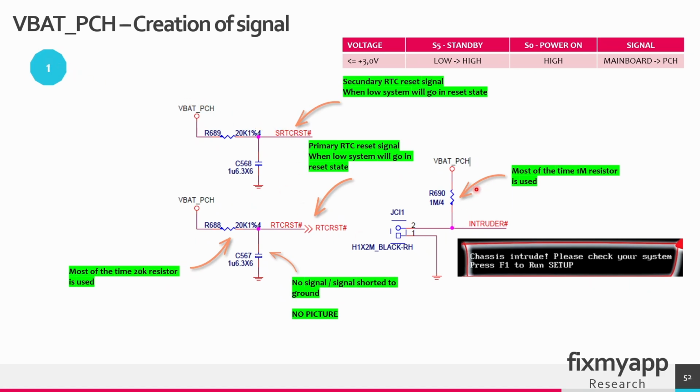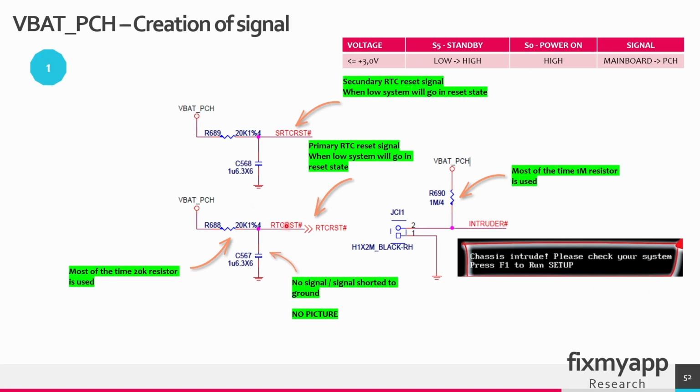And these reset signals are created from the VBAT PCH voltage rail. If you remember, this VBAT PCH was created from a coin cell battery or the 3.3 standby voltage. When this voltage is present, the secondary RTC reset signal will go high. Then the primary RTC reset signal will also go high. And the intruder signal will also go from low to high.